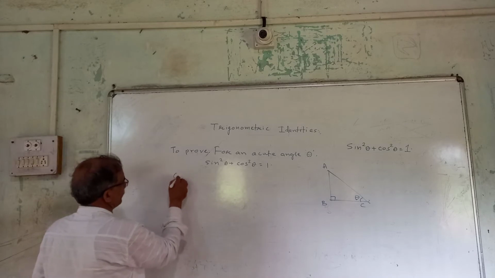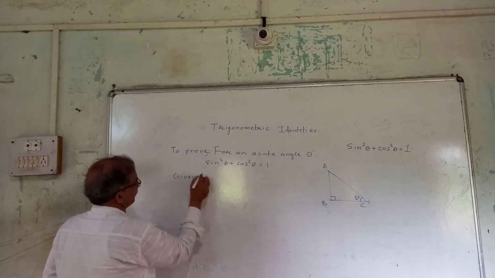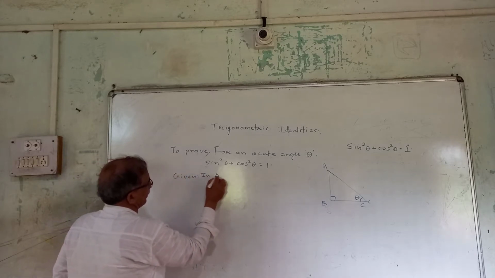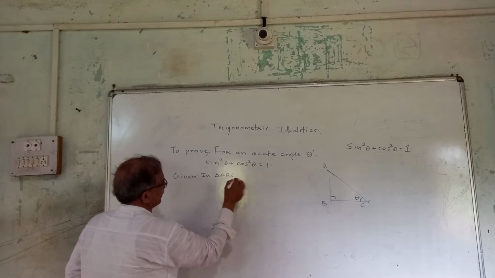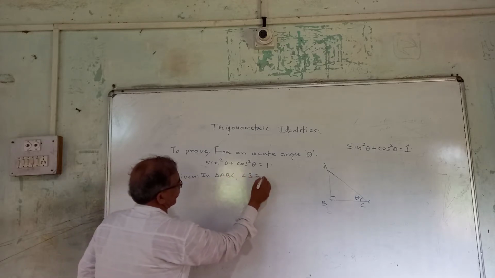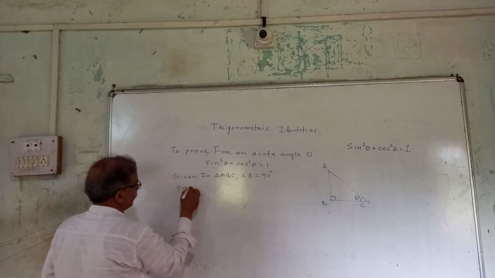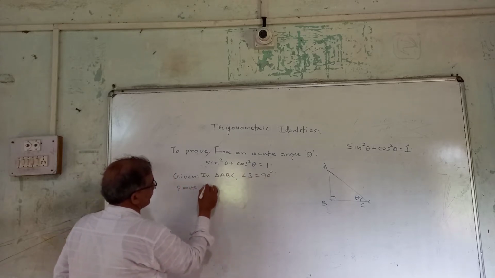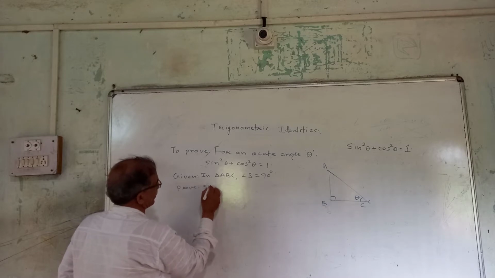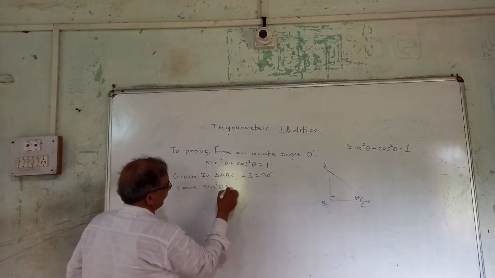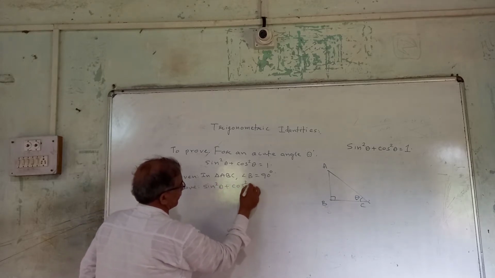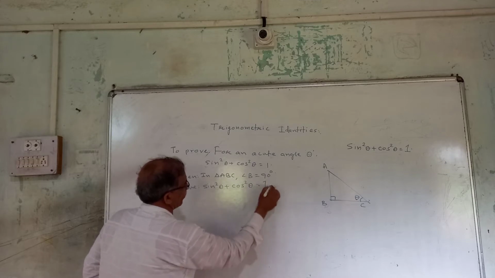Given: in triangle ABC, angle B is equal to 90 degrees. Prove: sin square theta plus cos square theta is equal to 1.